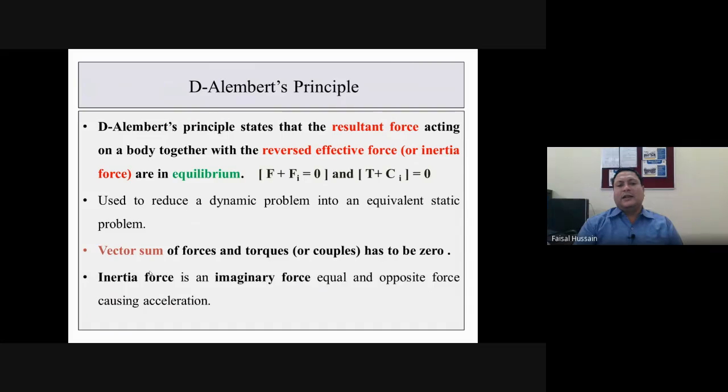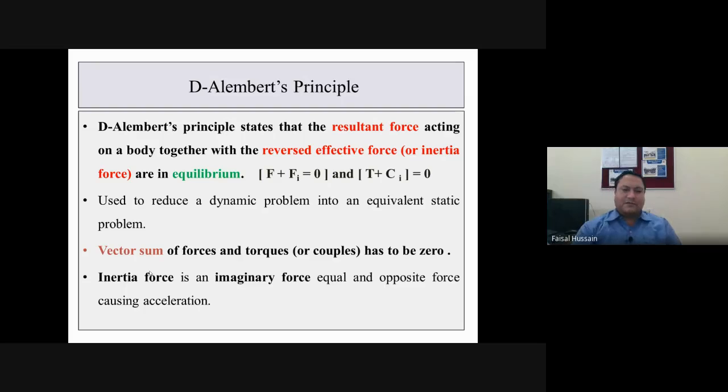Basically, D'Alembert principle means addition or summation of all the forces and all the torques or couples in such a way that the summation value is zero. In theoretical terms, I can say that the resultant force acting on a body together with the reverse effective force or inertia force are in equilibrium.